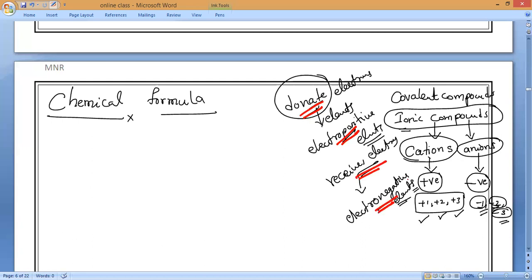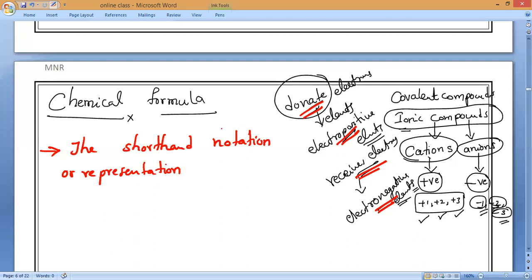Now, what is this chemical formula? Let us see that, and what is the importance of the chemical formula. Everything we will discuss.